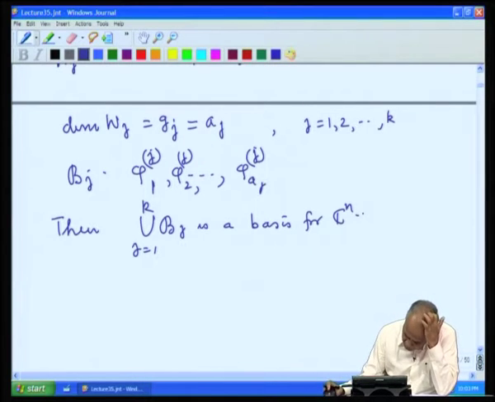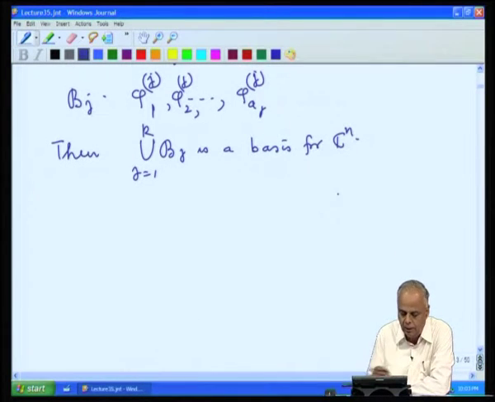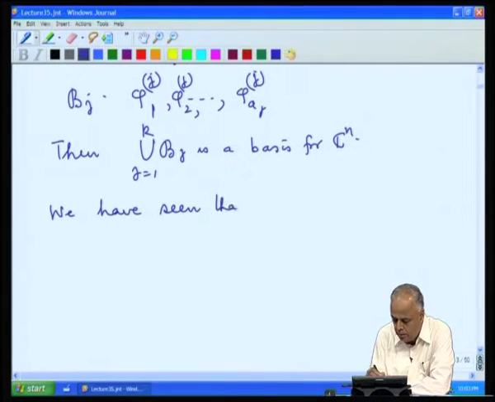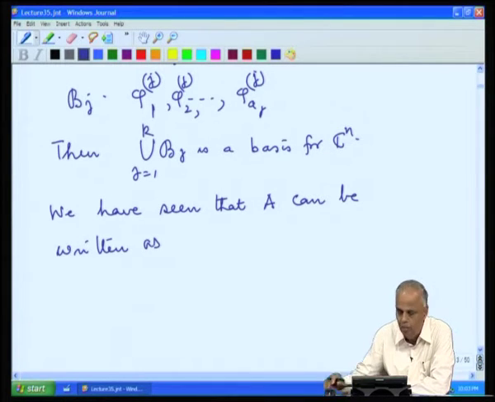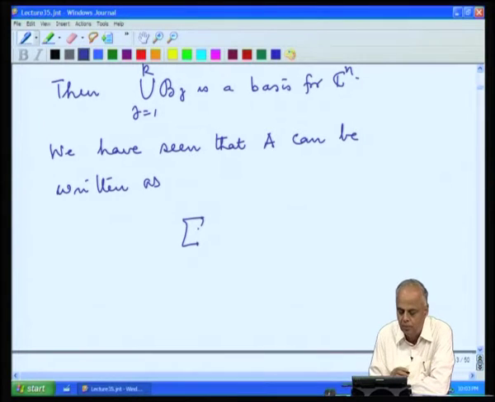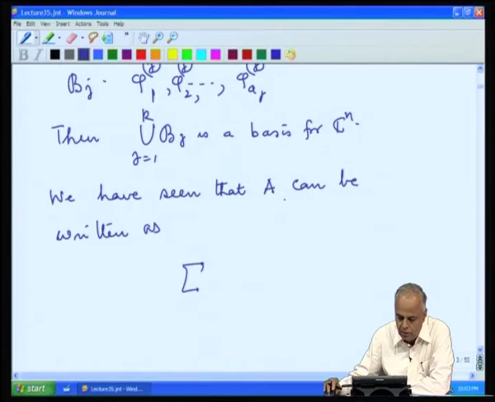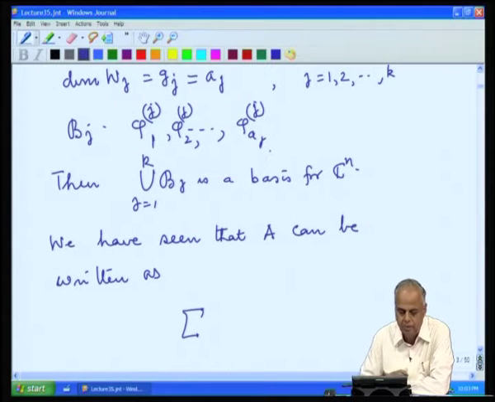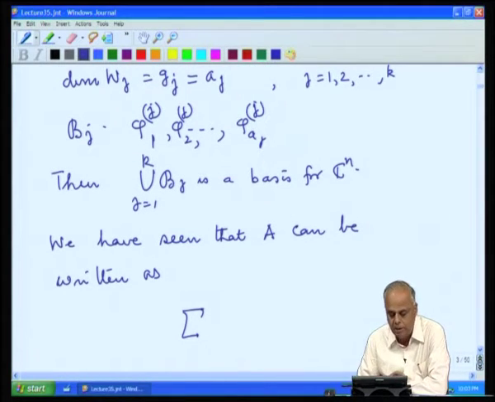And we have seen that this matrix A can be written as the following sum. For each one of these eigenvalues and eigenspaces, we look at the B j basis; there are a j of them.